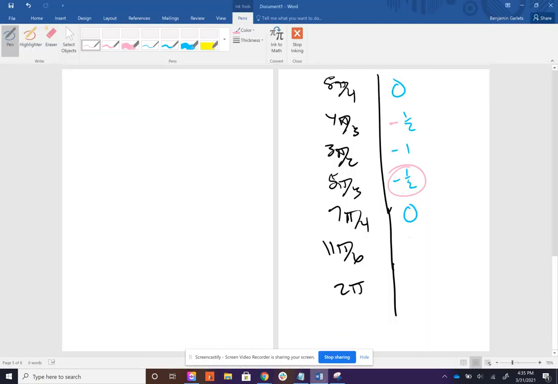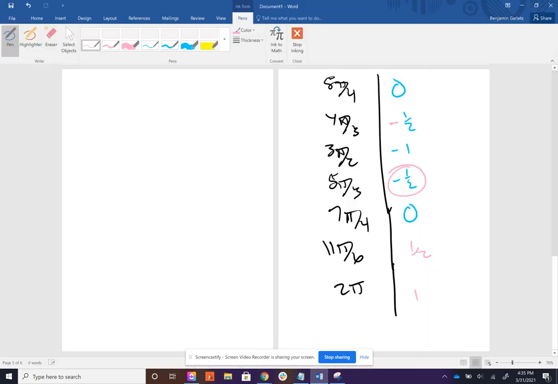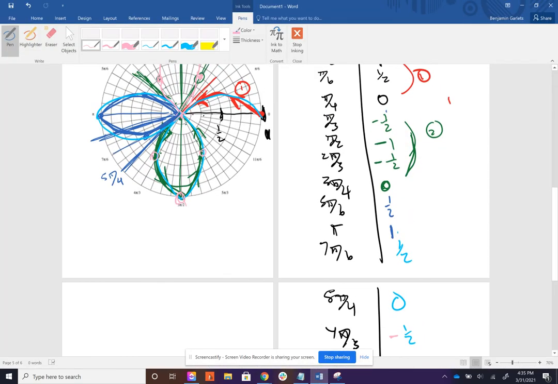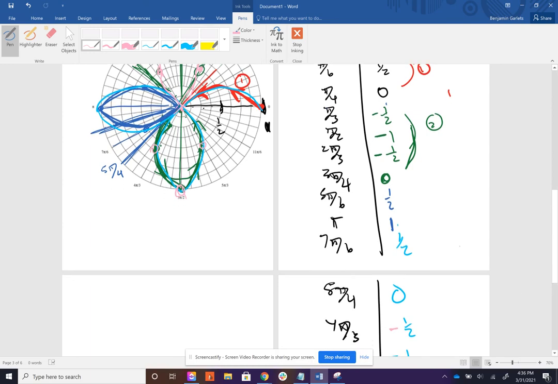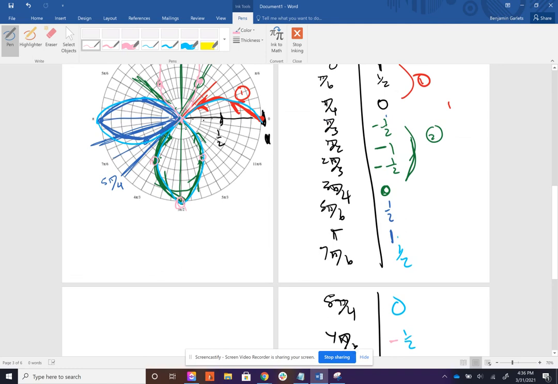Oops. And then lastly, 2 pi. I put 2 pi in there. 1. So 11 pi over 6 is 1/2. So 11 pi over 6 brings us out to 1, 2, 3 to 1/2. And then 2 pi brings us out to 1.